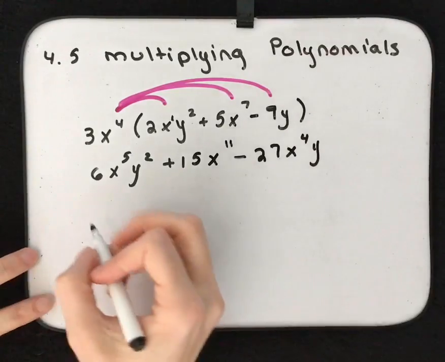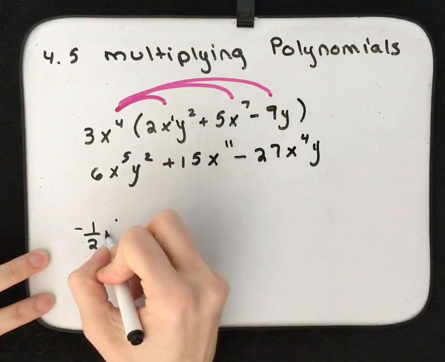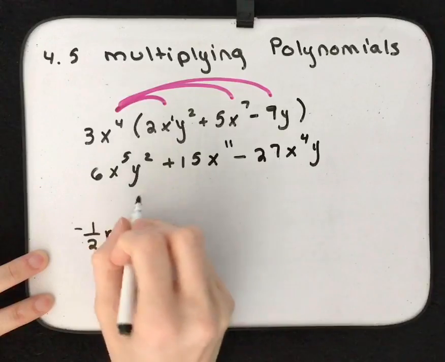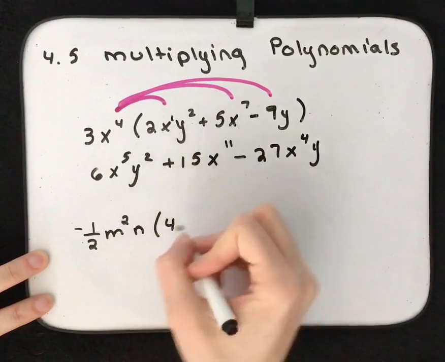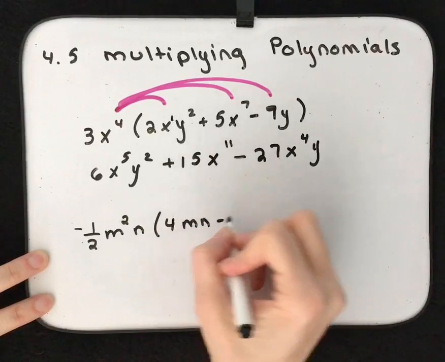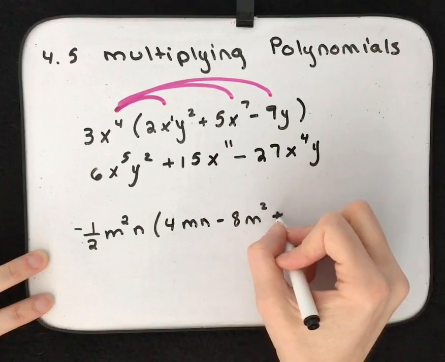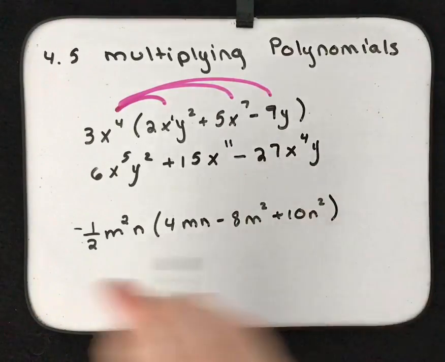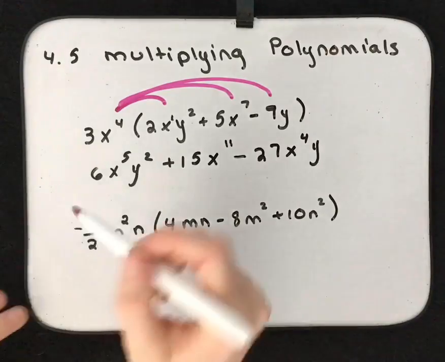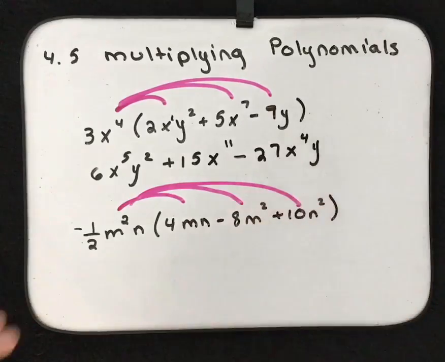Let's try another one. So same idea. We need to distribute this monomial to each piece of our polynomial.